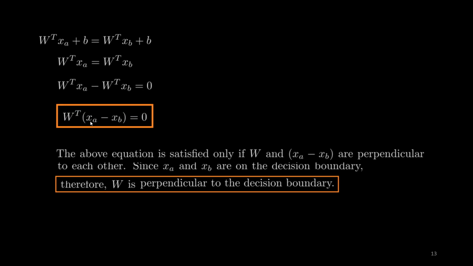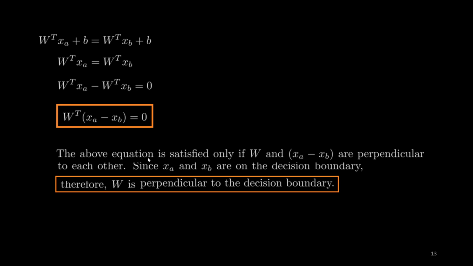Now, since both XA and XB are on the decision boundary, the direction of W is perpendicular to XA minus XB, which lies along the boundary. In order to produce this 0, the direction of W should be perpendicular.